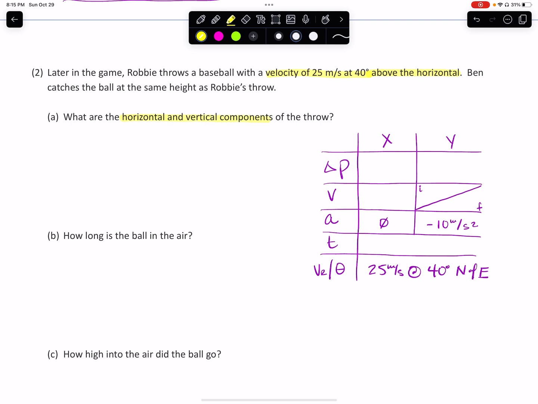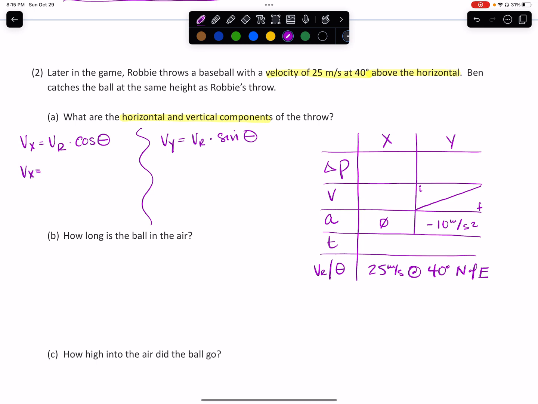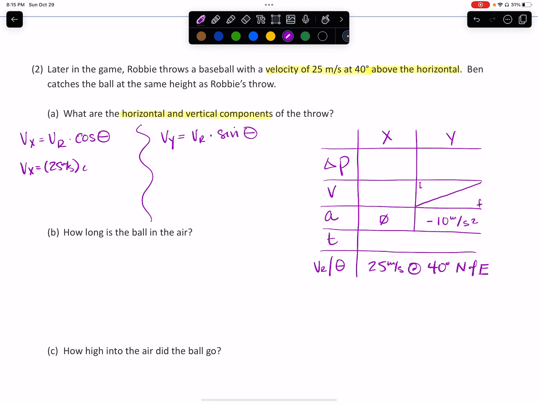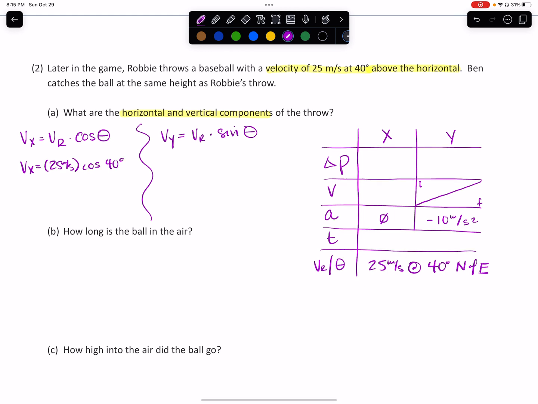So what are our components? We're going to find our horizontal component by multiplying our resultant times the cosine of theta. And then we're going to find our vertical component by multiplying the resultant times the sine of theta. All right, so let's start with horizontal. So we've got 25 meters per second times the cosine of 40 degrees.